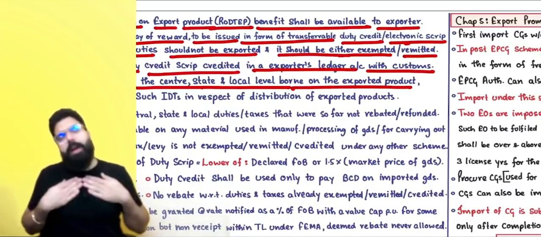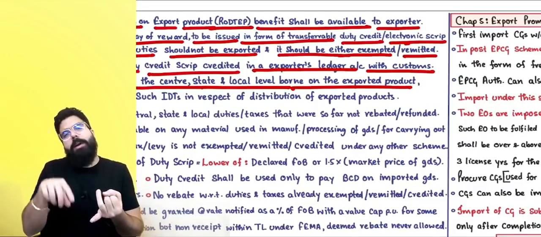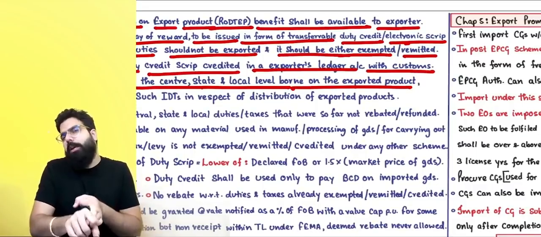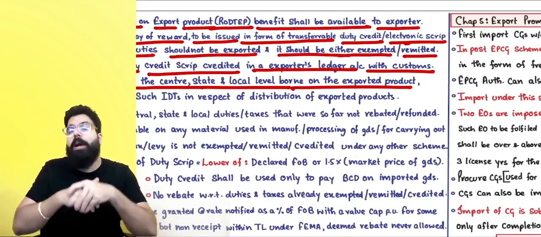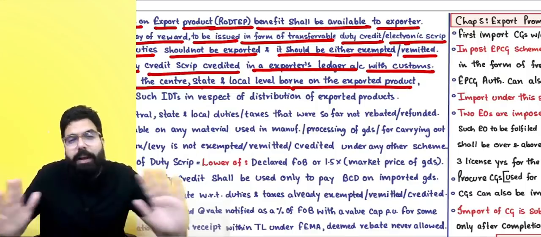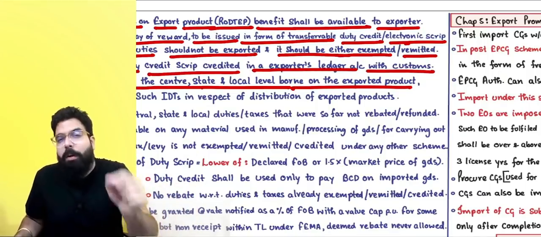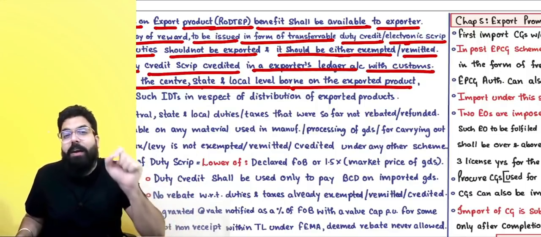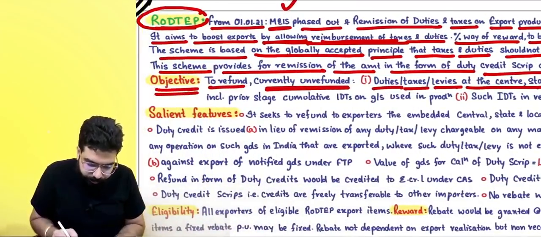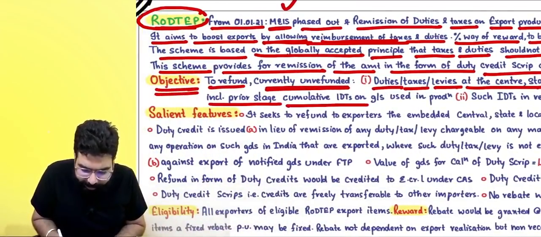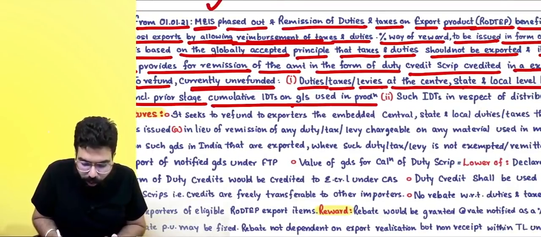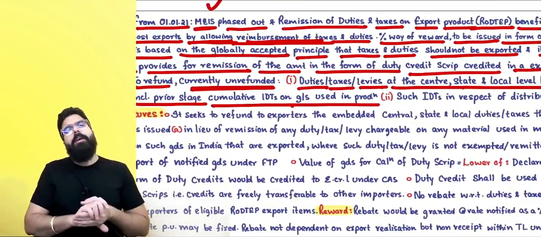Whatever duties are borne by an exporter, central government duty, state government, or local duties, that are not being refunded by the government will now be given to him in the form of scrips, including prior stage cumulative indirect taxes on goods or services used in the production.